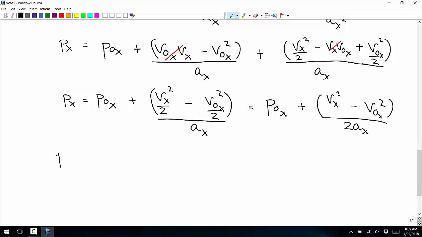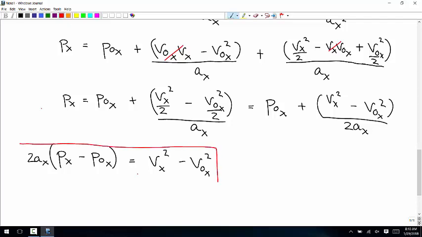And so then you can write it as 2Ax times the quantity Px minus P0x is equal to Vx squared minus V0x squared. Any questions about that one?